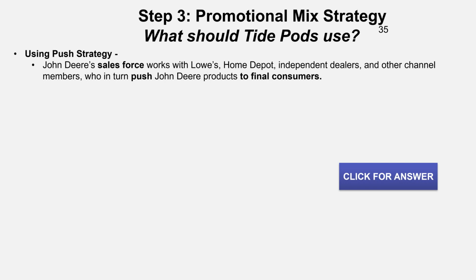The third step in figuring out the promotional mix strategy is how do you get it out to the actual retail stores? There's two ways to do this. So which one should Tide use? So let's explain what processes there are. All right, so we have a retail store such as a Lowe's or Home Depot or independent dealers.